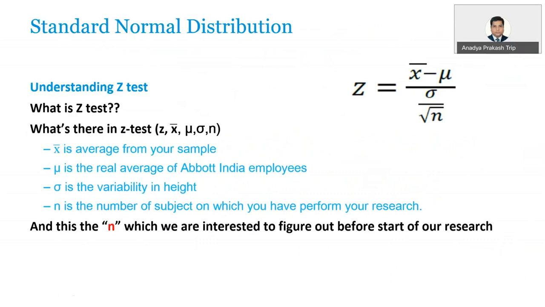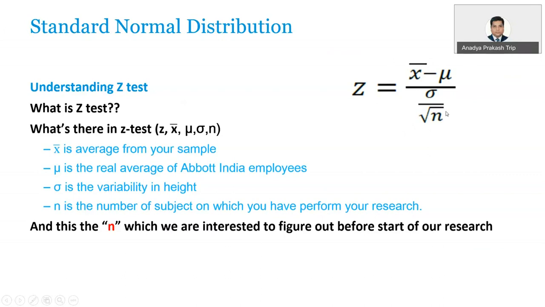You may have gone through this in your statistics classes. The Z statistics is the sample mean minus population mean, divided by sigma by root n. This is the Z statistics. Now, in any hypothesis testing that I do with the Z statistics, the n is involved.